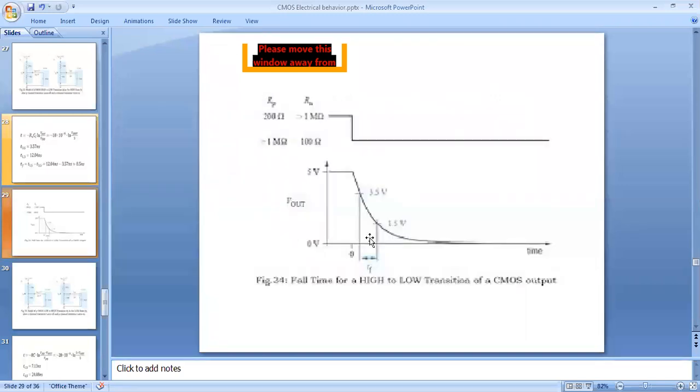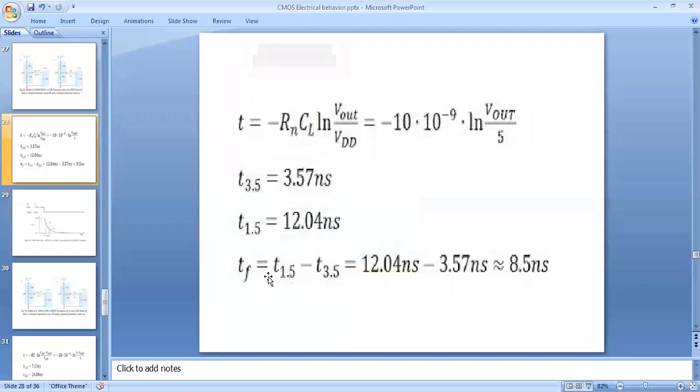See this diagram. Already you know this is TF, that is t at 1.5 minus t at 3.5. So from this you write the expression TF equal to t at 1.5 minus t at 3.5, which is equal to 12.04 nanoseconds minus 3.57 nanoseconds, which is approximately equal to 8.5 nanoseconds.